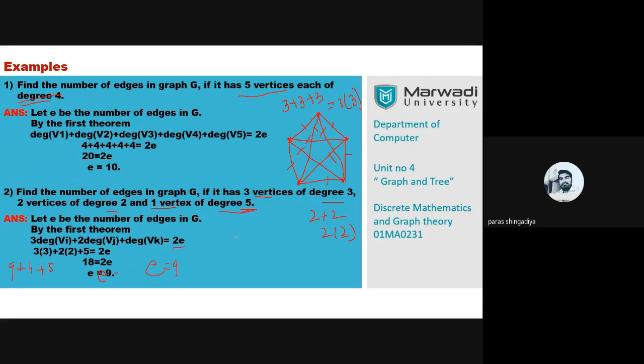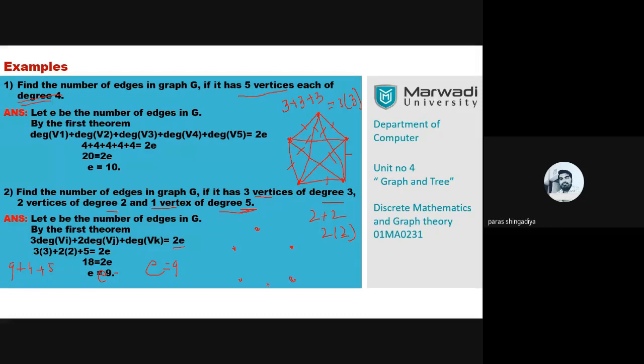So now draw it yourself, clear. Try to check its design. Mention the number of vertices: 3 plus 2 is 5, and plus 1 is 6.